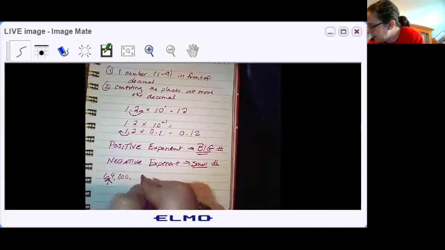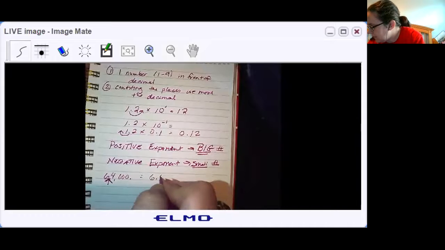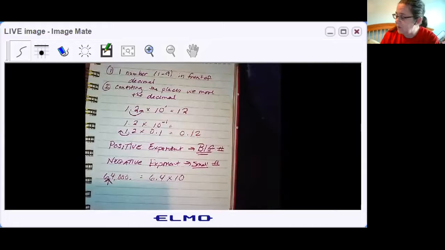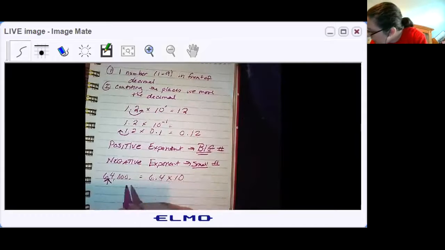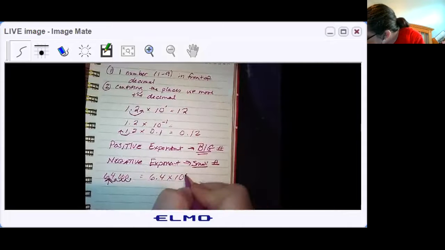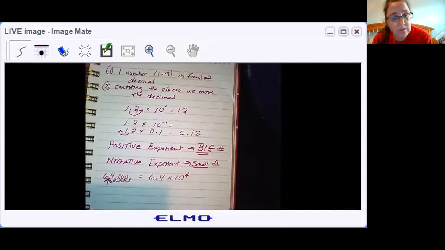So when I rewrite this, it becomes 6.4 times 10 to some power. This is a big number, so it's a positive exponent. And I moved it 1, 2, 3, 4 spaces. So 64,000 becomes 6.4 times 10 to the 4th.